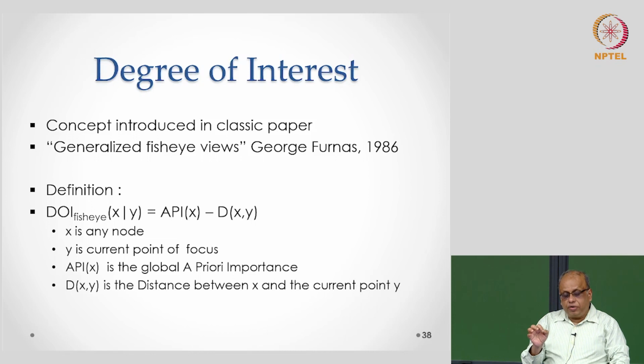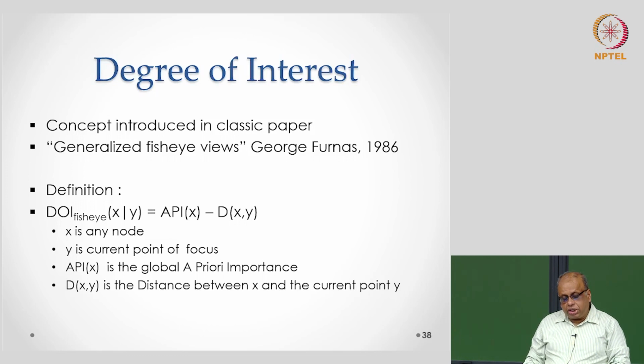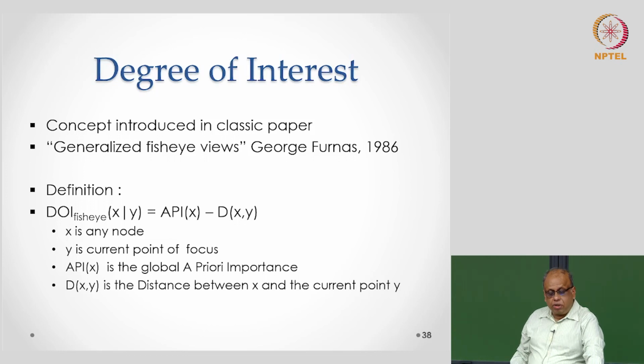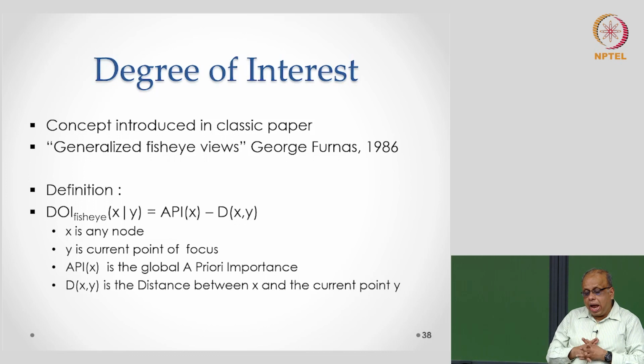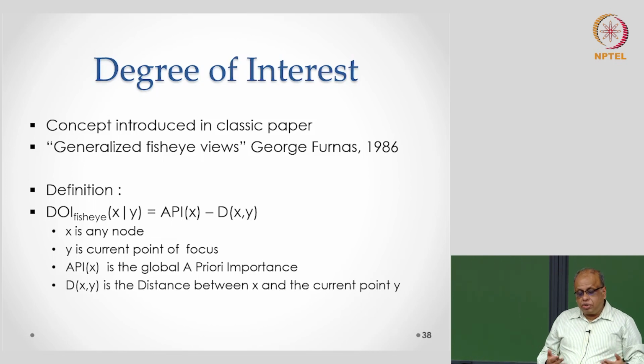So the position of a node depends only on its distance from the focus area. But in focus plus context, it is based not only on the distance but on the a priori importance. If something is of importance, we also try to give some importance to that thing.